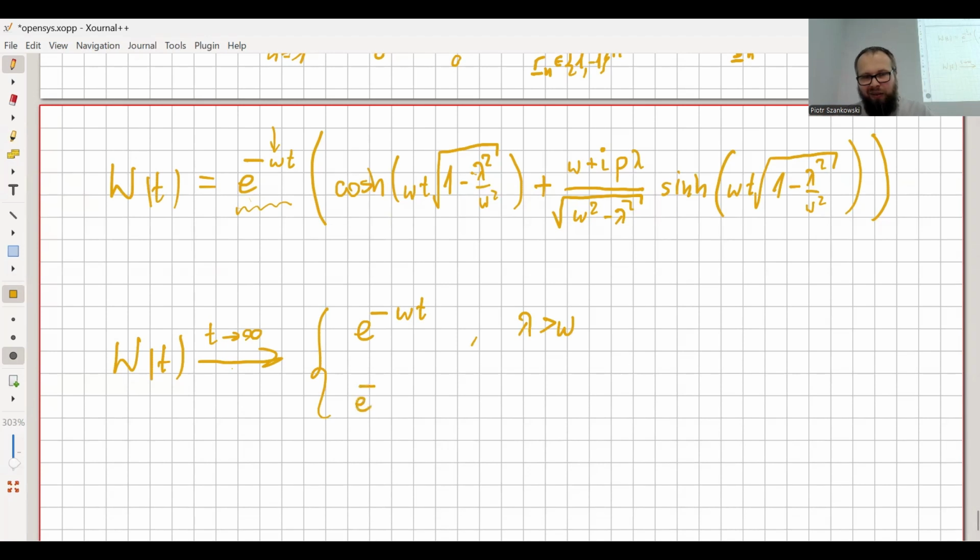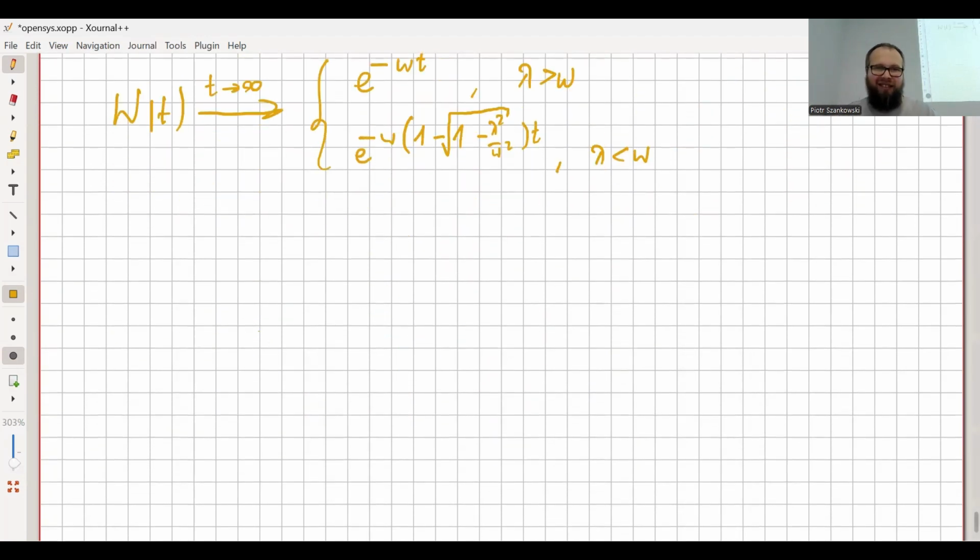Or you get e to the minus W times 1 minus the square root of 1 minus lambda squared over W squared, times t, when you have this other behavior. So either you have a clear exponential decay or you have exponential decay with some renormalization of the damping constant. Either way, it goes to zero as t goes to infinity.